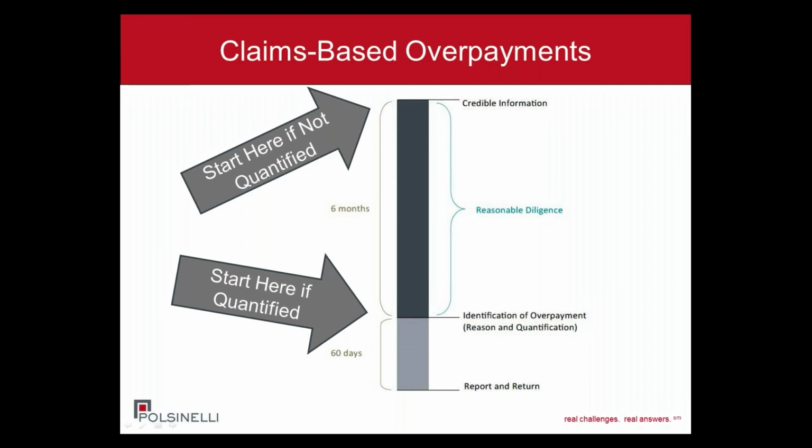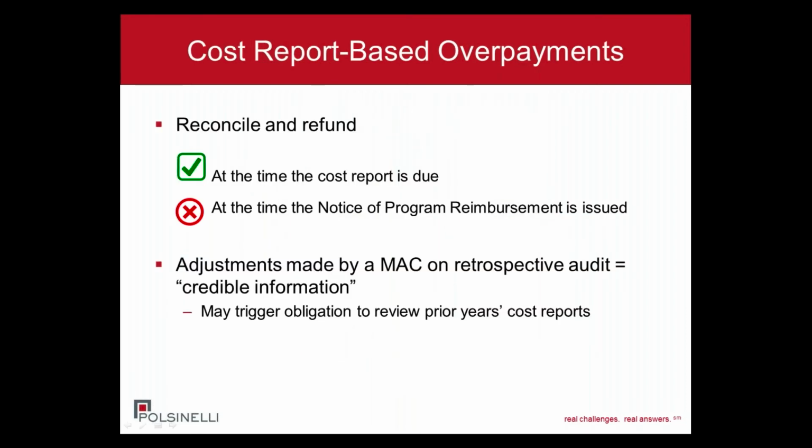There are also rules around cost-based overpayments, so those facilities that are paid on the basis of cost. You do have separate rules. So at the time your cost report is due is when you're supposed to refund and reconcile those. There are requirements to do retroactive.